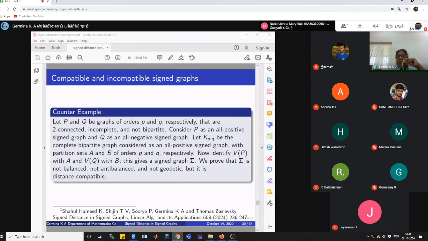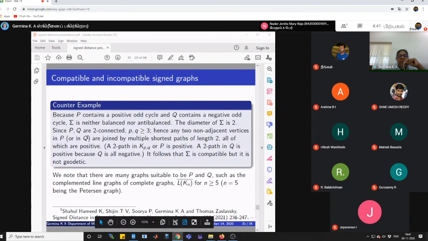Now what we do is we identify the vertex set of P with A and V of Q with B. This gives a signed graph sigma. And we prove that this sigma is not balanced, not anti-balanced, not geodetic, but it is distance compactable. So there is another class also, another signed graphs which do not come under these three classes.